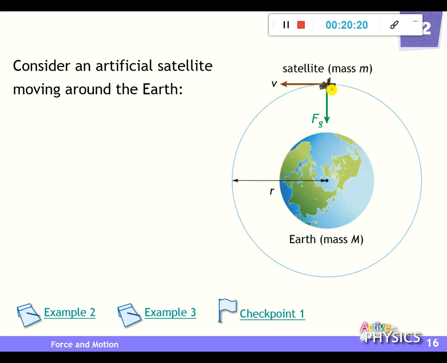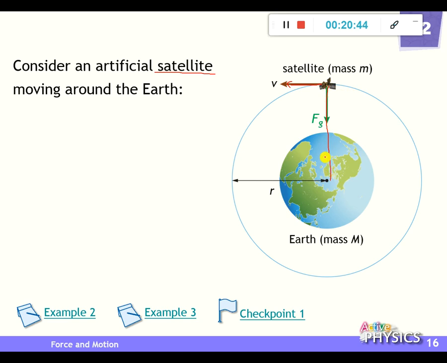Other than the moon, we also have other artificial things on a circular orbit around the Earth. This one will be the satellite, 人造衛星, moving around it. We will do the calculation to find the velocity of the satellite, and of course the separation between it and the center of the Earth.